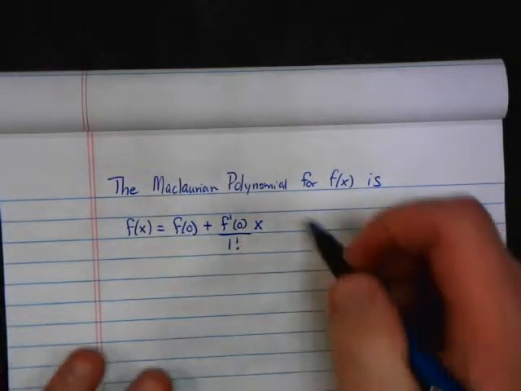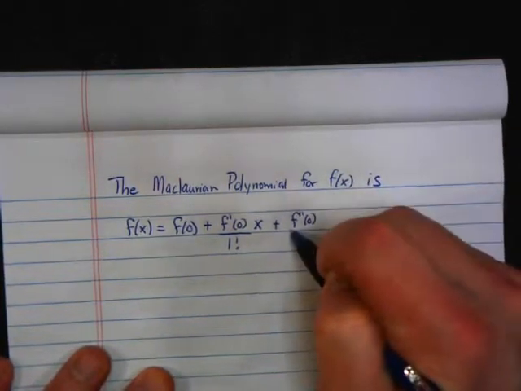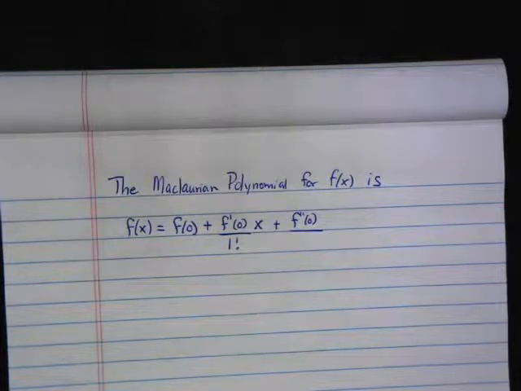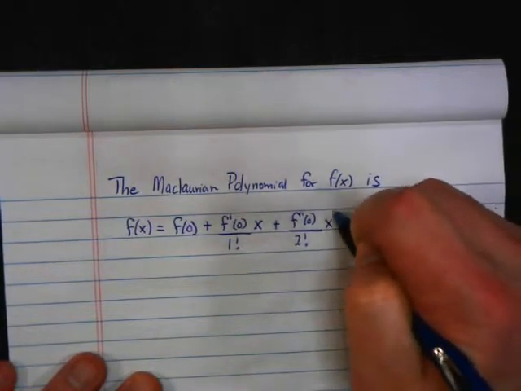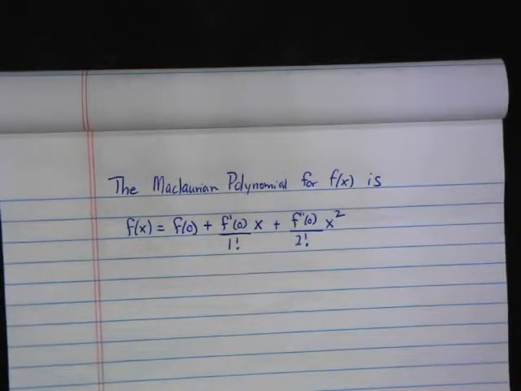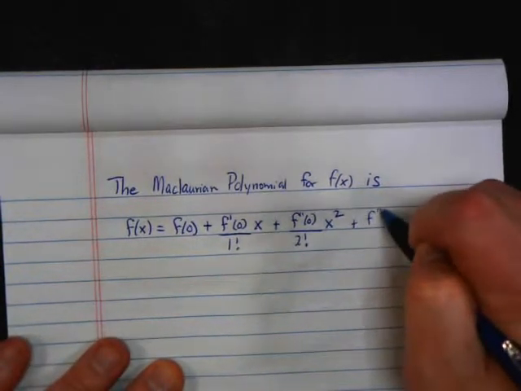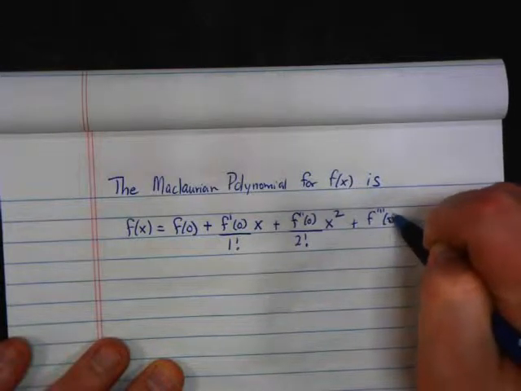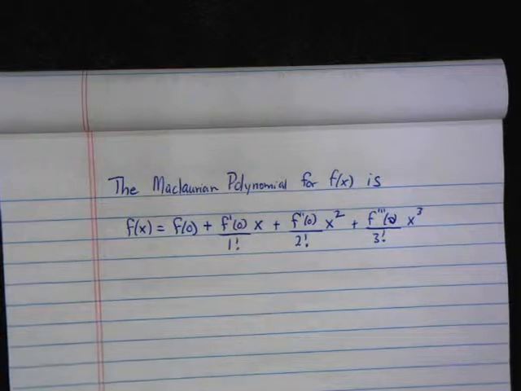The next one is the second derivative divided by 2 factorial times x squared. What's the next one? Third derivative divided by 3 factorial x cubed.